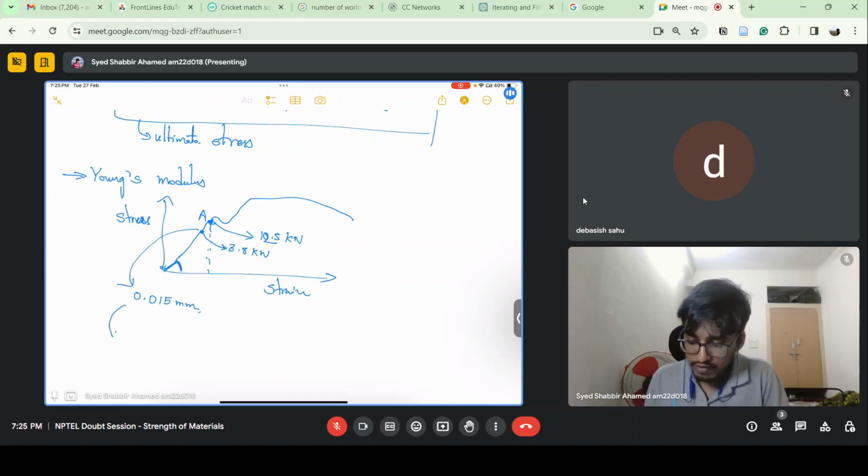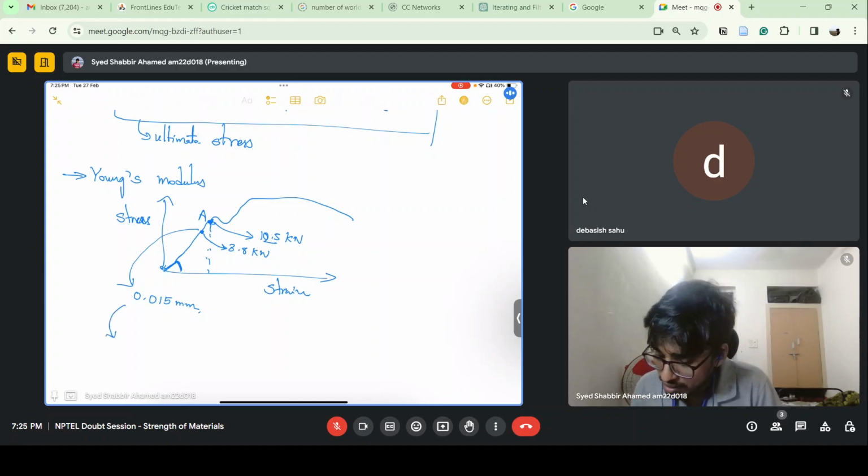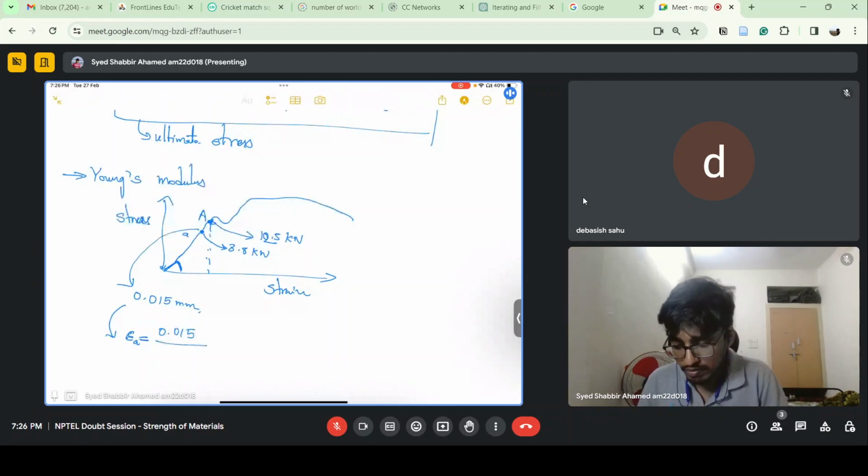We have to get the strain from this. So strain at this point can be given as, let's say, epsilon a, taking this point as small a. You can write elongation by the original length, change in length by the original length.